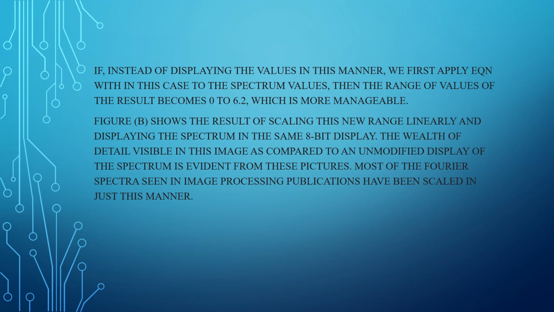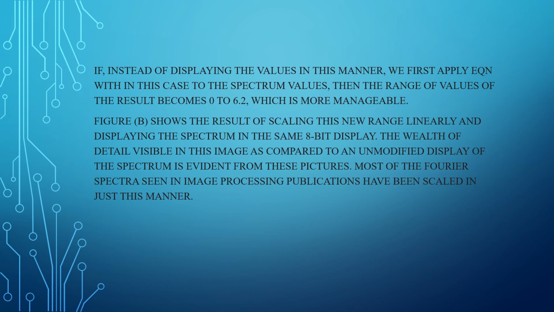If instead of displaying the values in this manner, we first apply the log transformation with c equal to 1 to the spectrum values, then the range of values of the result becomes 0 to 6.2, which is more manageable. Figure B shows the result of scaling this new range linearly and displaying the spectrum in the same 8-bit display.